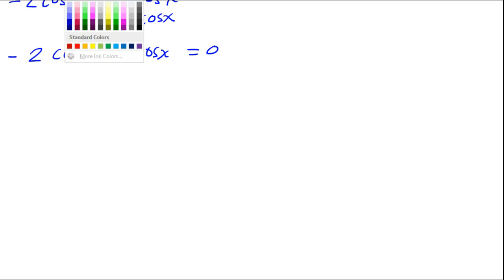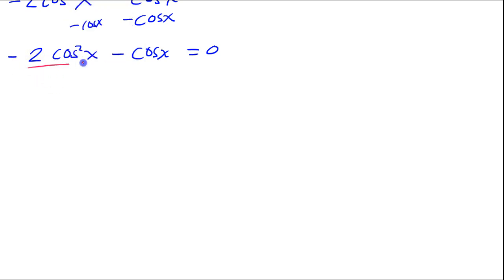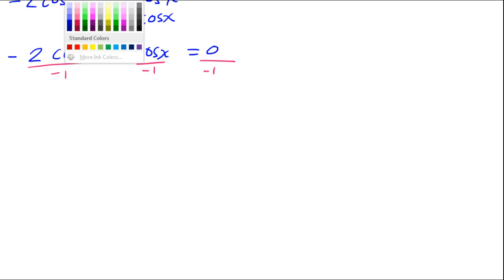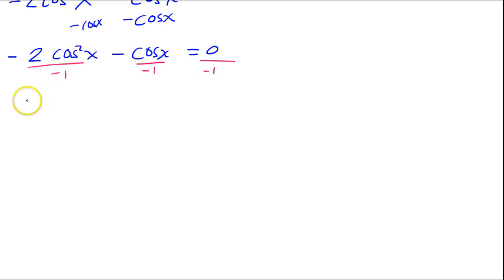That's sort of bothering me. So I am going to divide every term by negative 1, which is a legal move that I can make. I'm not changing the solutions, so this will be 2 cosine squared x plus cosine x is equal to 0. Alright, I'm just more comfortable with this.